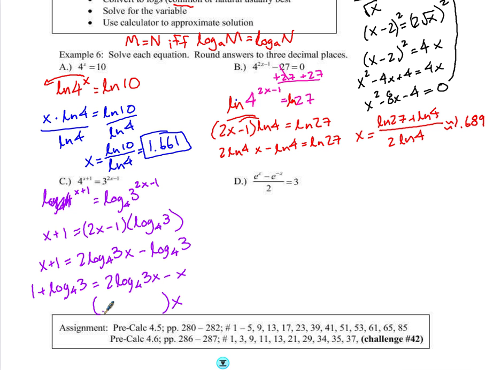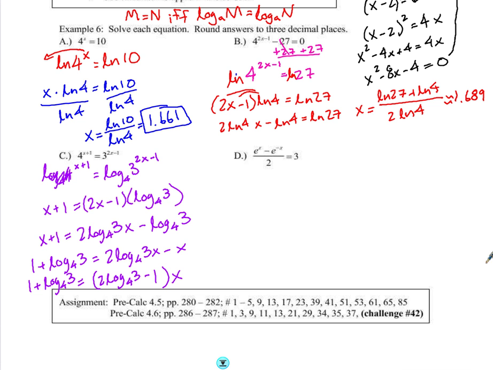And then we'll divide, so then x is equal to 1 plus the log base 4 of 3, all divided by 2 times the log base 4 of 3 minus 1.